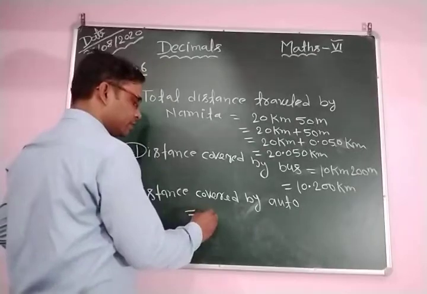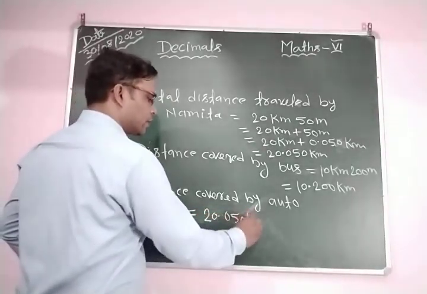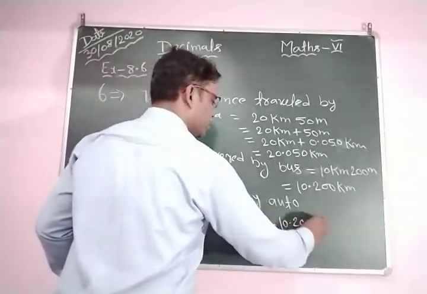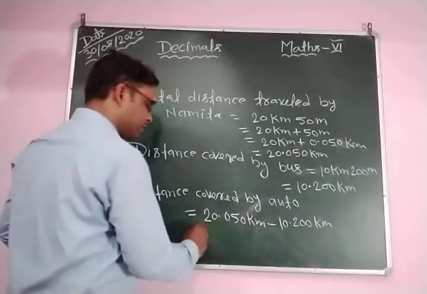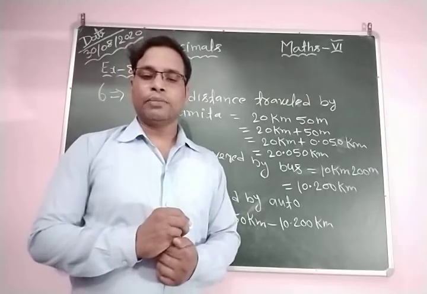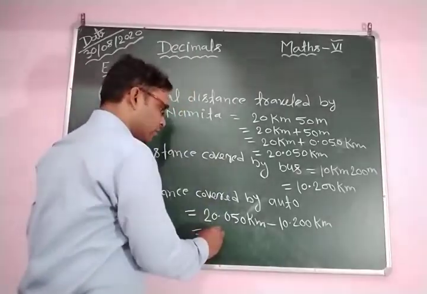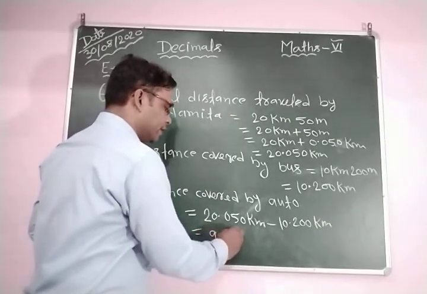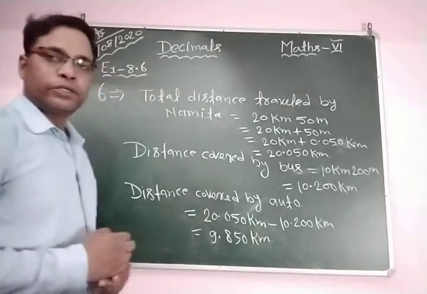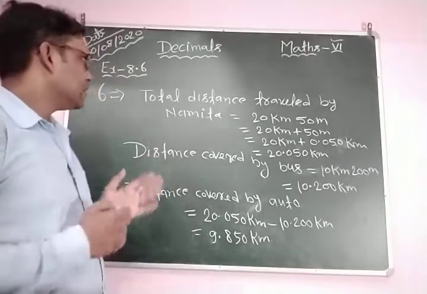So this is equal to 20.050 kilometer minus 10.200 kilometers. If you subtract then we obtain 9.850 kilometers. Okay, so students, in this way you can see you also complete this question number 6 of this exercise.